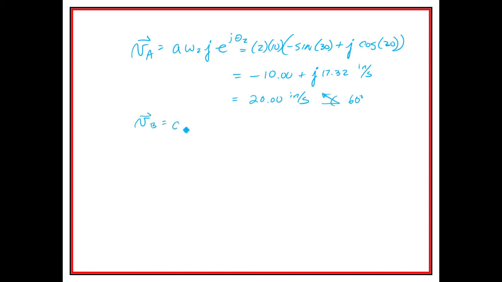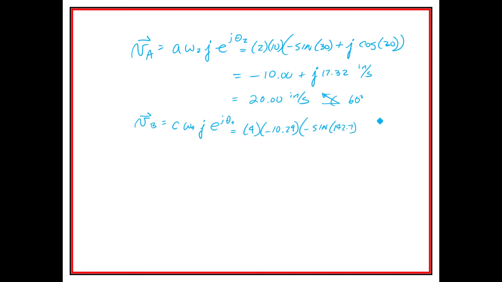equal to C omega 4 j e^(j theta 4), so it's going to be 4 times that 10.29, and then it's the negative sine of our 142.7.